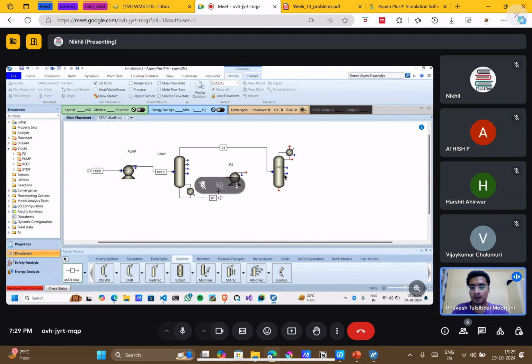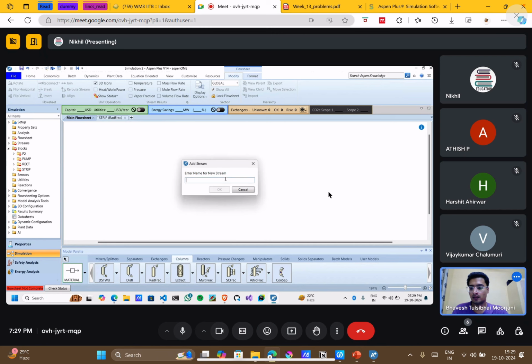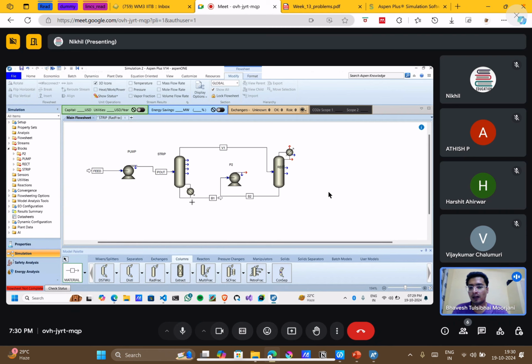Now the bottom of the rectifying column, you add it to the pump input. Let's call it B2. Pump output will go to the stripper as an input.